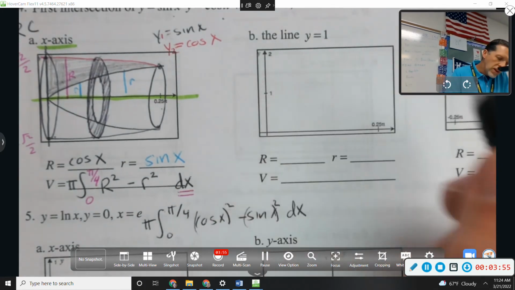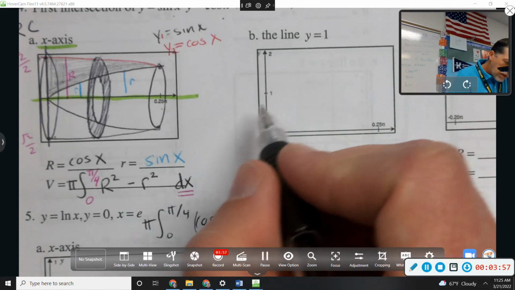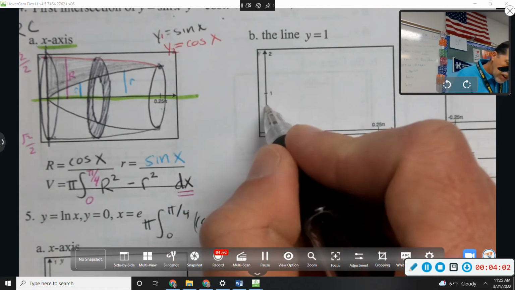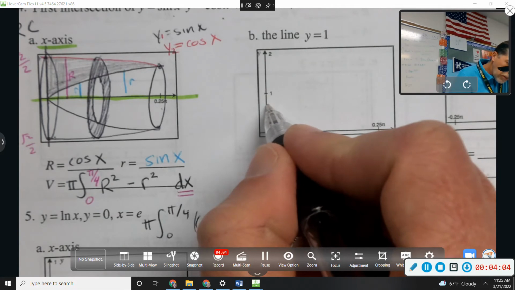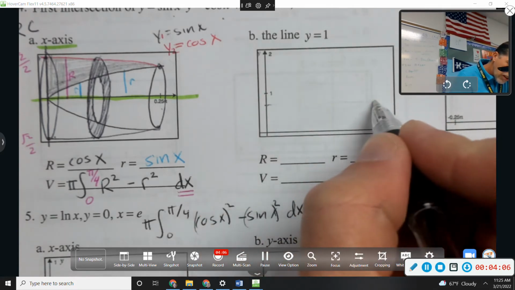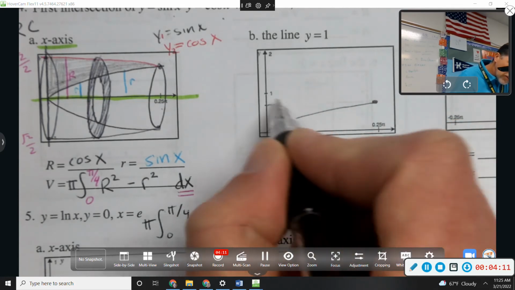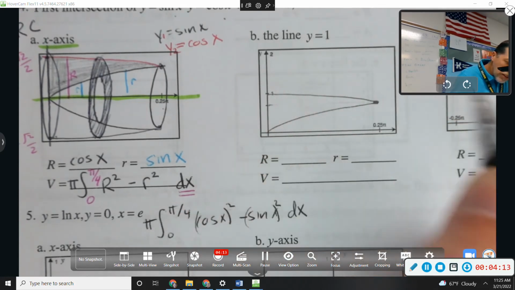All right, 4B. So same starting picture. Root 2 over 2 is like 0.7, so I guess I should have done a better job of that the first time around. So there's sine, there's cosine.